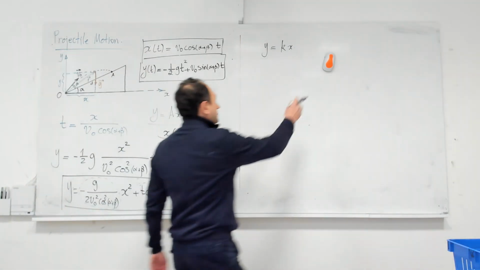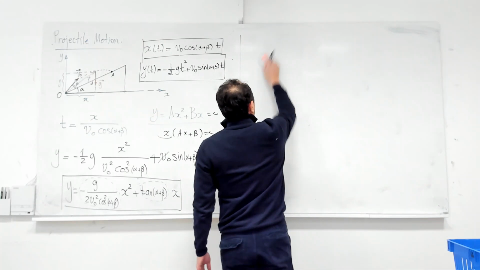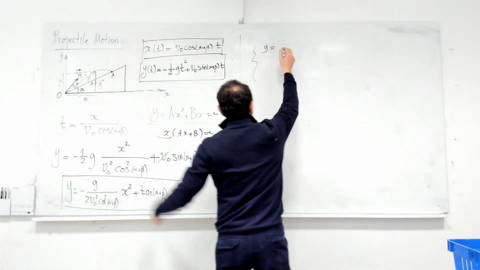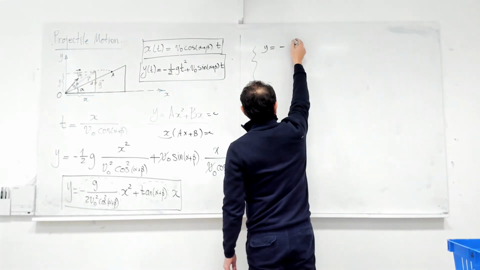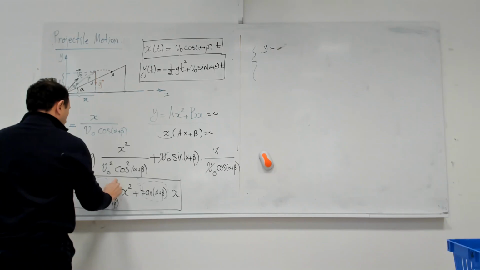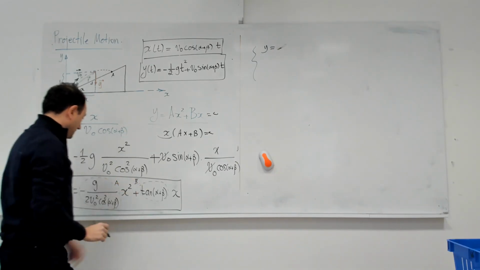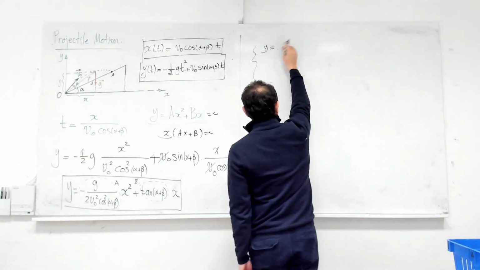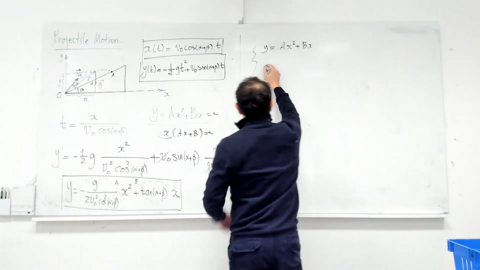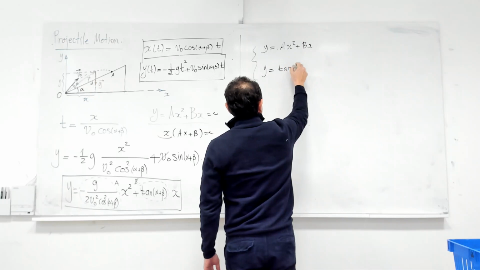So that's completely correct. So what I do, I set up a system of equations. One equation is a little bit complicated here. So minus, if you don't mind, let me stick to this convention. Let me call this one A, let me call this one B for the time being so that I don't need to write so much. This becomes ax squared plus bx, and the other one is y equals tan alpha times x.